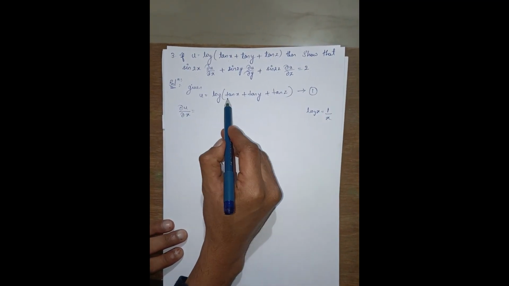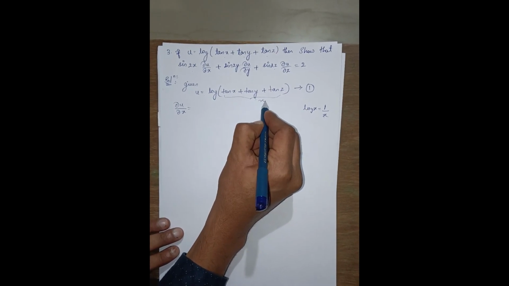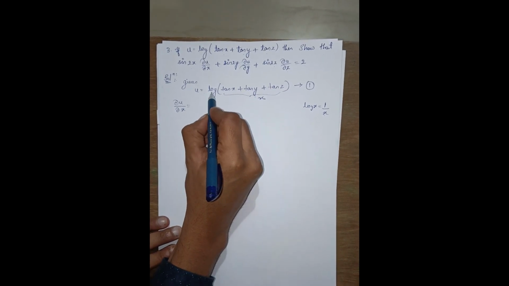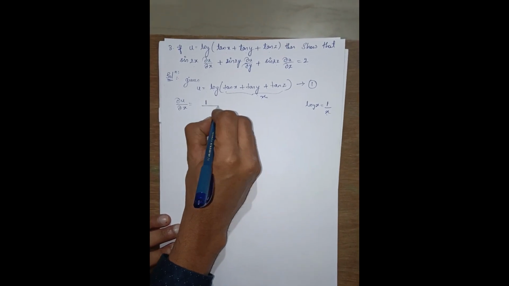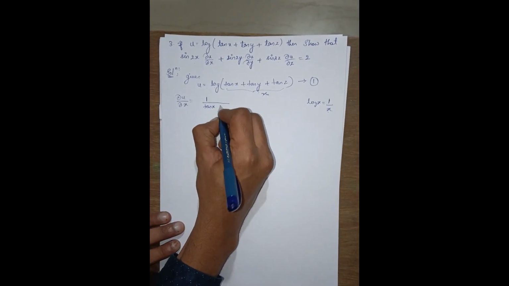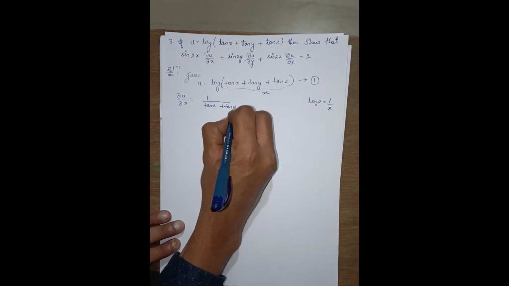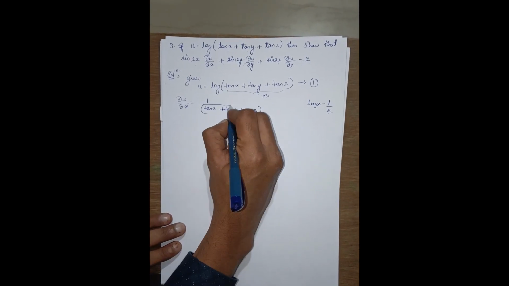Let us consider this whole term as x. Now, log x, what is the differentiation? 1 by x. That is 1 by, in place of x, what we have? Tan x plus tan y plus tan z.